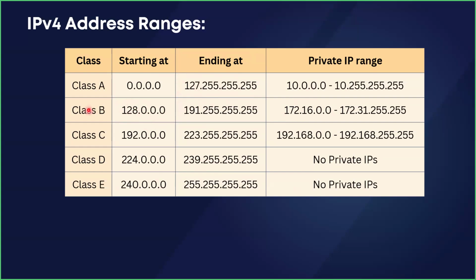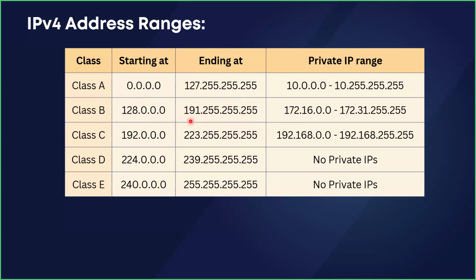So automatically, we know class B range starts at 128.0.0.0. Since class A is ending at 127.255.255.255, class B starts at the next IP, where all the 255s cycle back to zeros and the 127 increments by 1. So you have class B starting at 128.0.0.0.